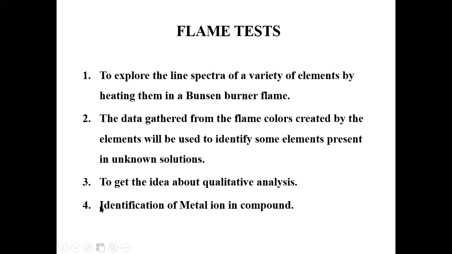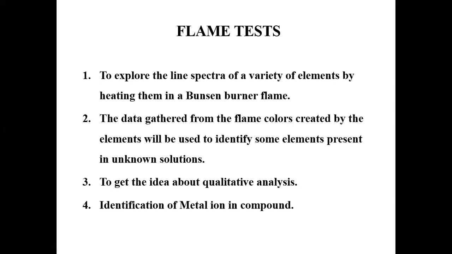And the last one is identification of metal ion in a compound. What I told you, the identification of metal ion, we can only identify the metal ion by this flame test. Unfortunately, we cannot identify the non-metallic part. For identification of the non-metallic part, we need to design another type of chemical experiment, which will be discussed later.